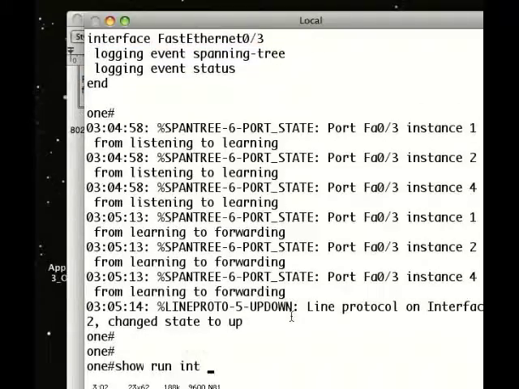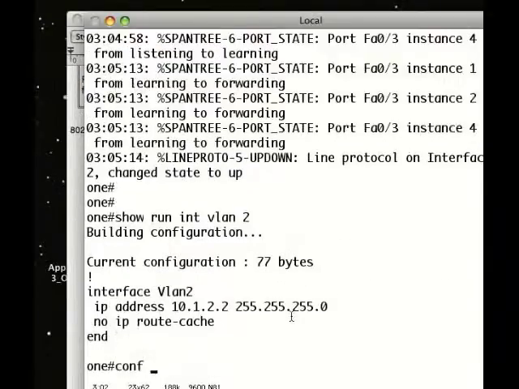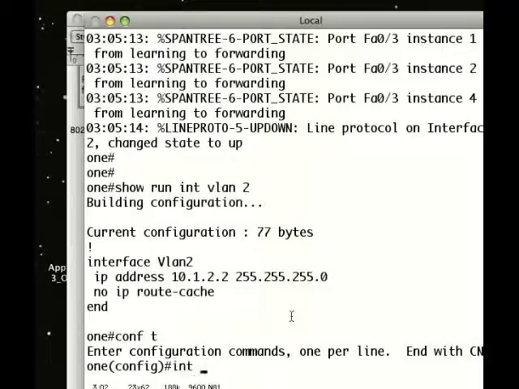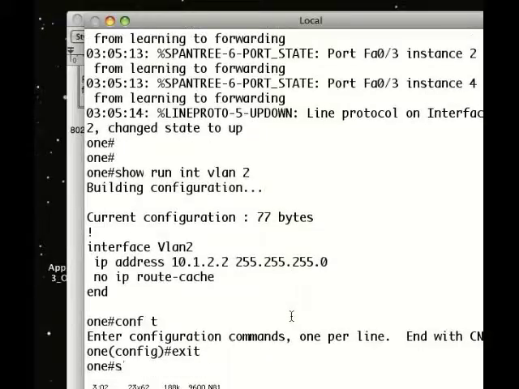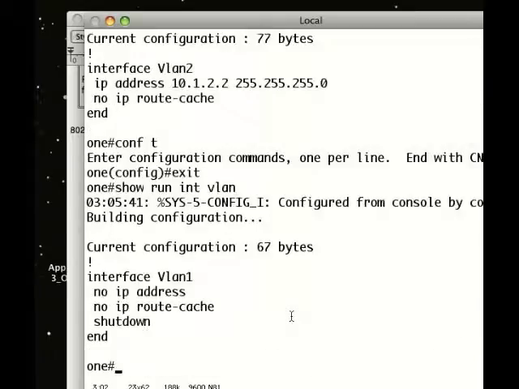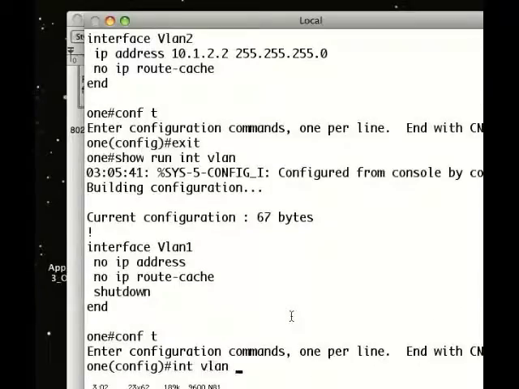Show run int VLAN 2, oops, conf t, int VLAN 2, no, show run int VLAN 1, conf t, int VLAN 1. Yeah, I made a mistake when I was trying my plan earlier.